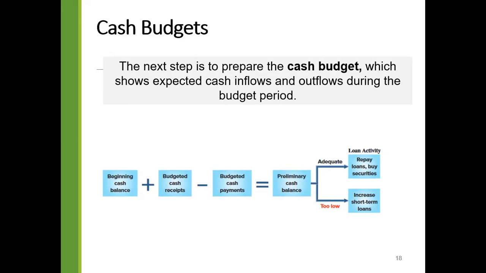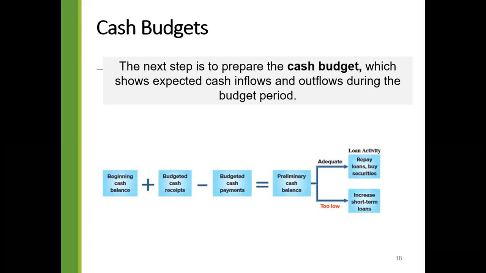But essentially, we're taking the beginning cash balance plus any cash receipts or cash inflows, minus any cash payments or cash outflows, to determine what we think we would have at the end of each month. This allows us to determine if we are going to have enough cash or if we're going to have a shortage.